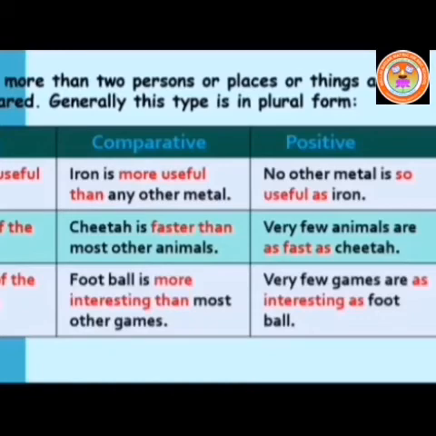Even if a comparative sentence is given, we can change it to positive also. Then superlative, cheetah is one of the fastest animals. From the superlative degree also you can change either to comparative or the positive. So all the three forms are quite easy, children. Try to understand it.